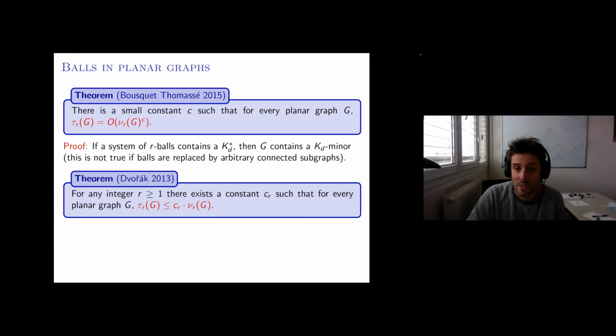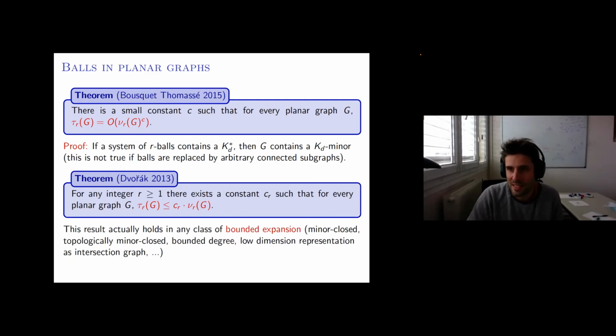And the second result that tells you this conjecture should be true is a result of Zdeněk Dvořák, which is earlier than this. Zdeněk proved that tau is bounded by a constant times nu, but the constant actually depends on R. And the strength of this result is that this holds not only in planar graphs, but in any class of bounded expansion. This is very broad.